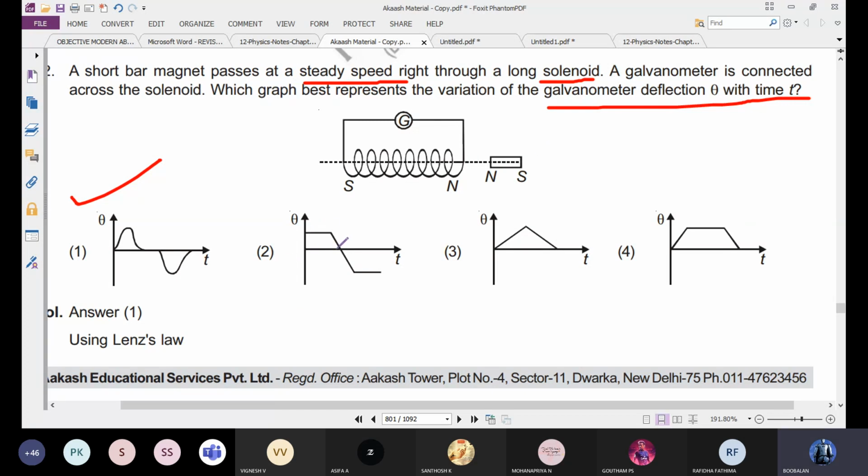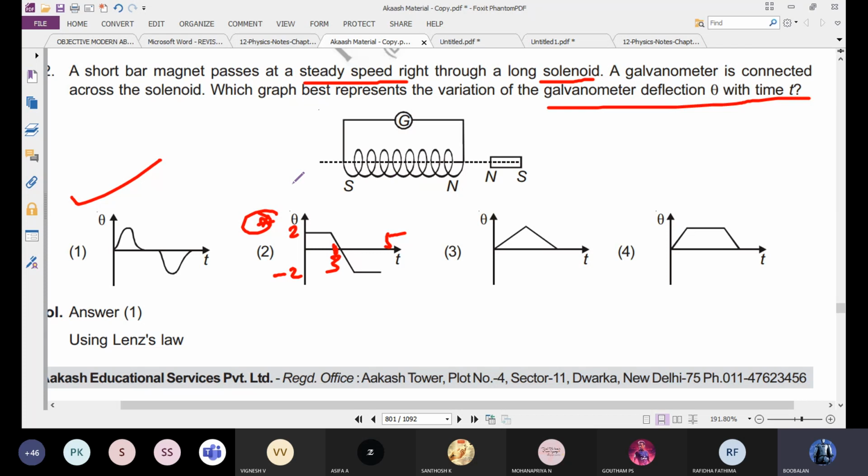So steady state means see that the time value is... I'll mark 1 second, so this is 3, this is 5. The value is 2, this is minus 2. So the theta value up to 3 is constant, again it is decreasing, again it is constant, for graph number 2. But it is not applicable here.